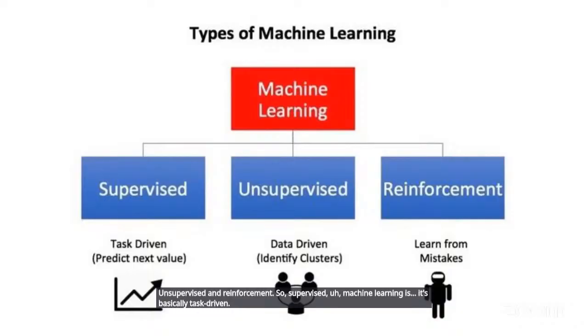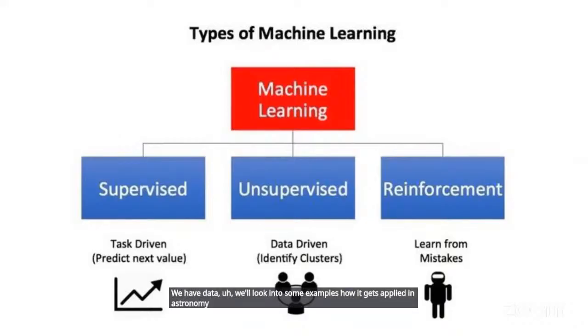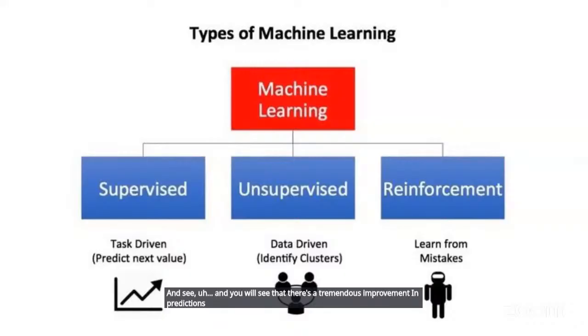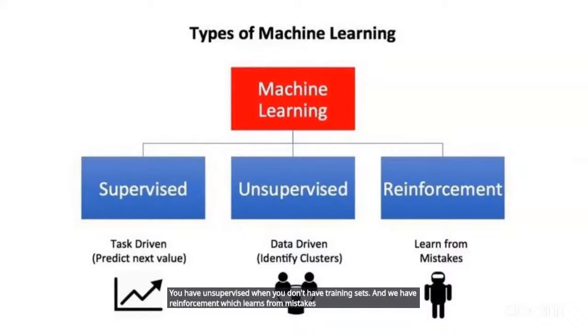You have data, and we'll look into some examples of how it gets applied in astronomy, where you train machines to see patterns, and then using these training sets, the machines try to identify patterns from a larger sample, and we will see that there's a tremendous improvement in predictions. You have unsupervised learning when you don't have training sets, and we have reinforcement learning, which learns from mistakes. It's a mixture of the two.